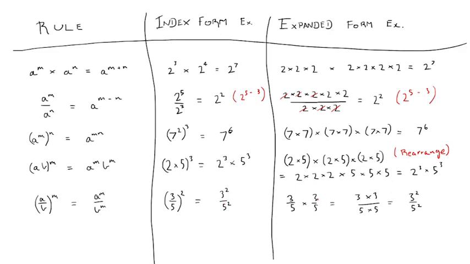And if you want to see why this is the case, here's 3 fifths times 3 fifths, 3 divided by 5, same thing. And when you multiply fractions, you just multiply the top, multiply the bottom. So that's what we've done here. And 3 times 3 is 3 to the power of 2, 5 times 5 is 5 to the power of 2.